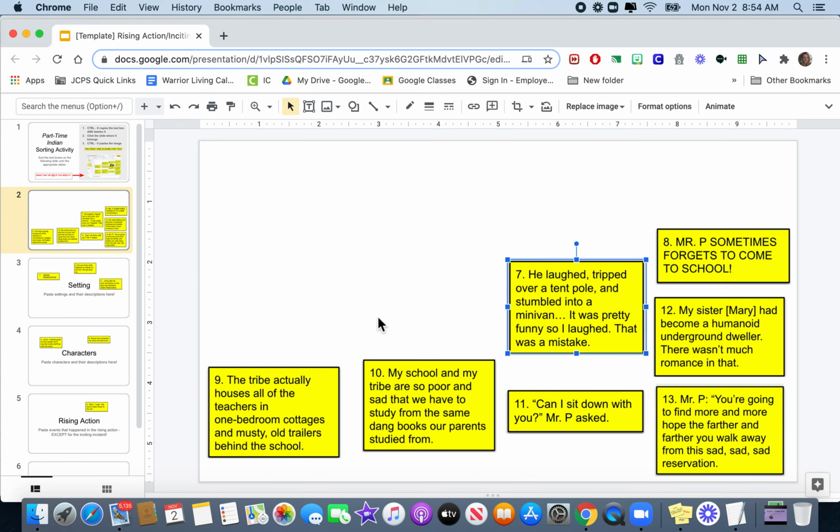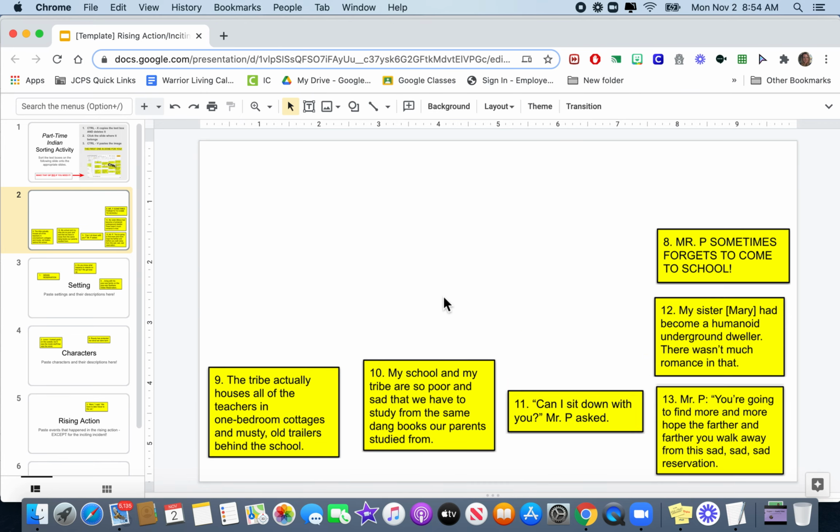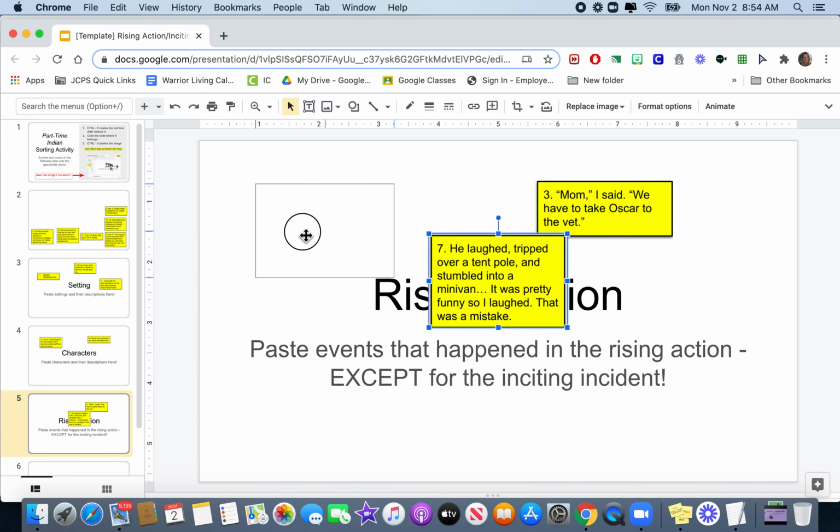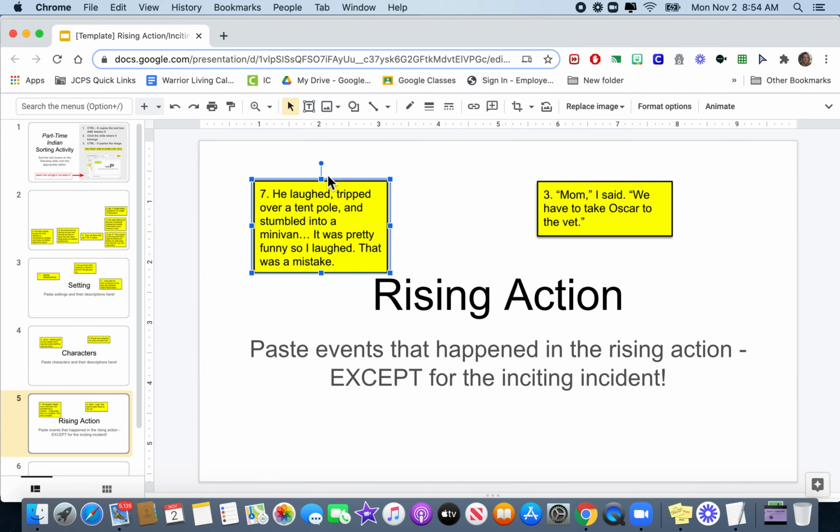Number 7, which is referring to Rowdy: he laughed, tripped over the tent pole, and stumbled into a minivan. It was pretty funny, so I laughed. That was a mistake, okay? So Junior made Rowdy mad. I would put this in rising action because this is an event that tells us about the relationship between the two characters.